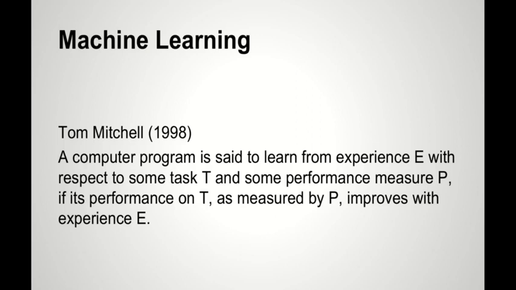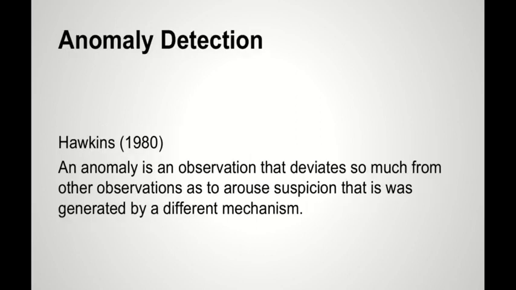Now, for anomaly detection, first let us discuss what is really an anomaly. Hawkins in 1980 said that an anomaly is an observation that deviates so much from other observations as to arouse suspicion that it was generated by a different mechanism.